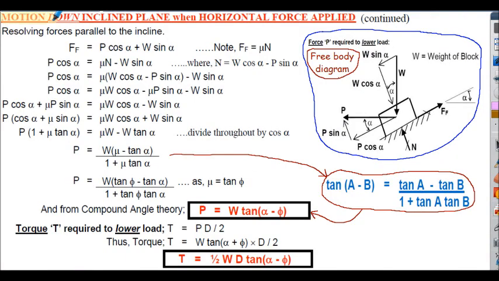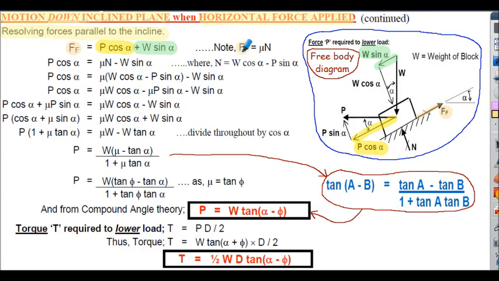So considering motion down the inclined plane when a horizontal force is applied, as before we resolve forces parallel to the incline. On the right hand side we have friction force shown here. That's shown up the inclined plane because the motion is down the inclined plane, and that's equal to P cos alpha shown here, down the inclined plane, plus W sine alpha shown here, and that's down the inclined plane.